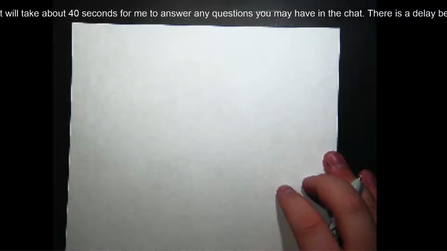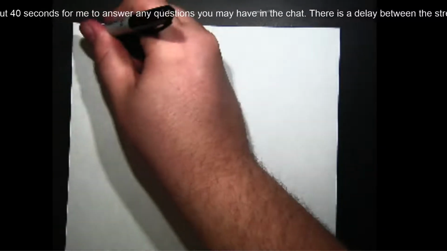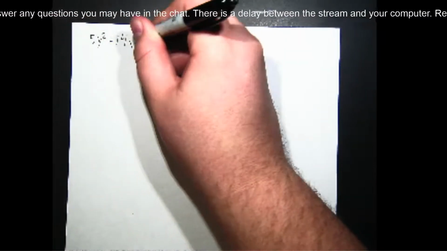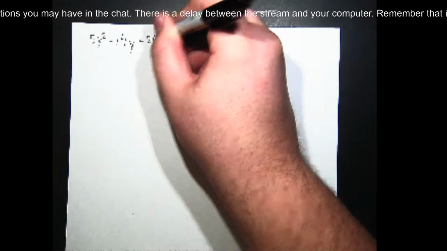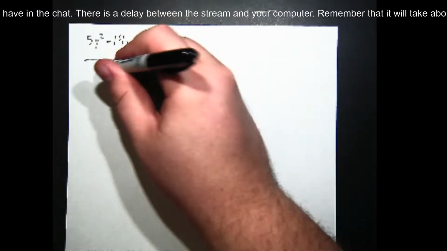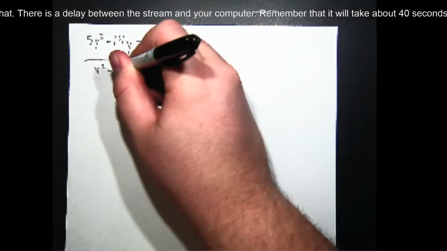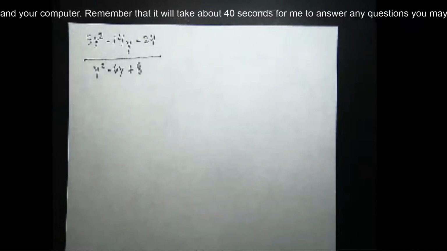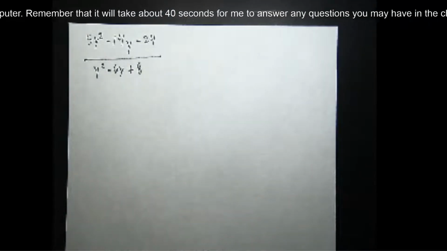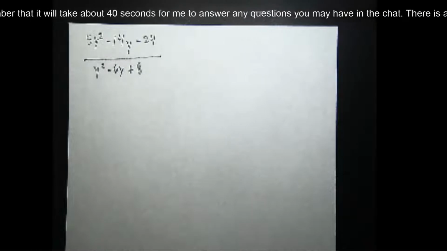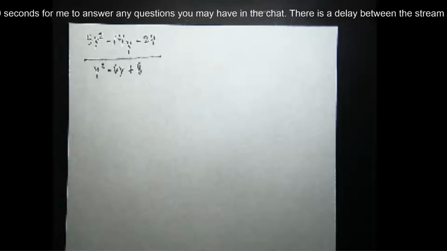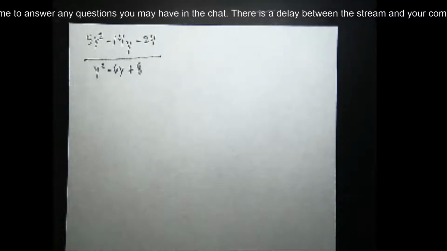It gives us 5y squared minus 14y minus 24 over y squared minus 6y plus 8. And it wants us to do 2 things. First, it wants us to simplify, and then it also wants any kind of excluded values. In other words, the domain. Of course, we're working with y here, so it would more be like the range. I'm still going to call it domain.